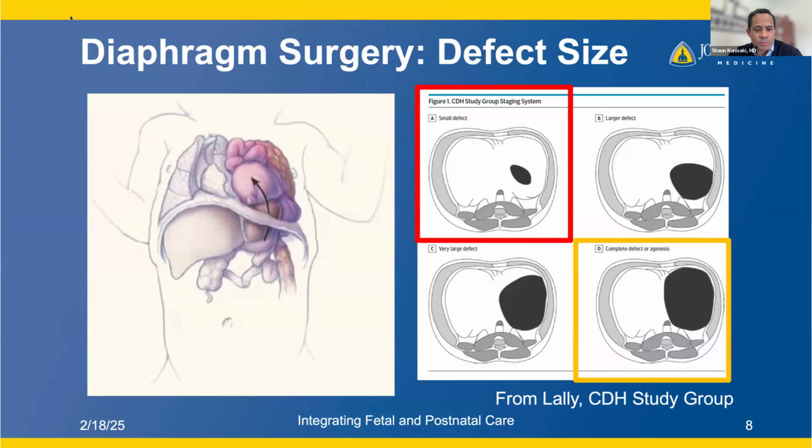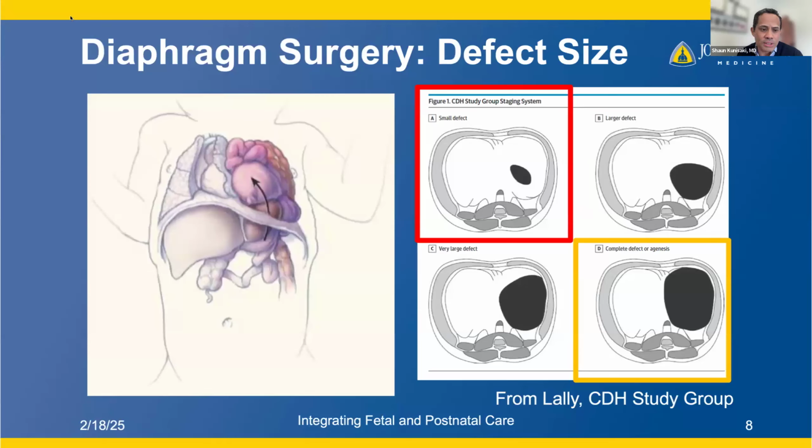The slide or some rendition of it has already been presented, but I just want to review this again. In general, there are different defect sizes which correlate with the degree of severity of lung hypoplasia and pulmonary hypertension in CDH. It's graded on an A, B, C, D sort of grading scale as originally described by the CDH study group at UT Houston.